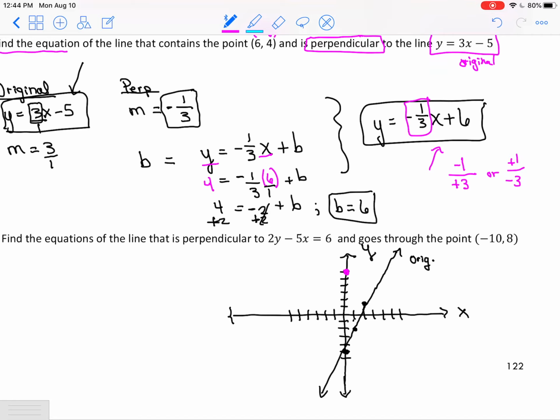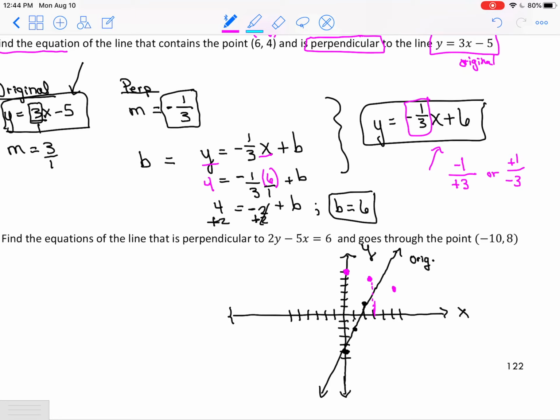You notice that both of those give you a negative slope. Since I'm way up here on my y-axis, I'm going to choose the first option: down 1 and over 3. Go to 6, and that's about right there.